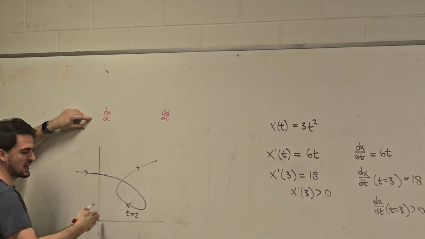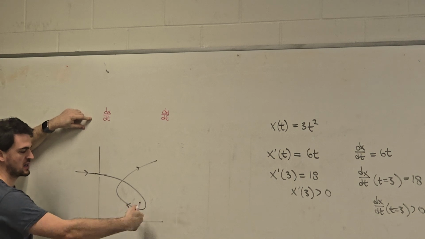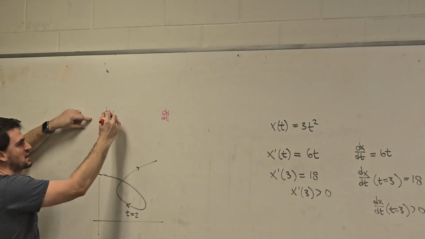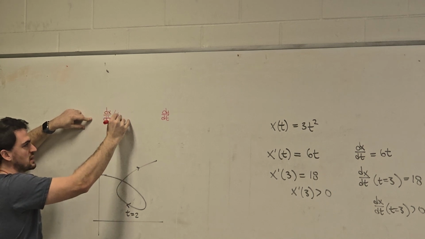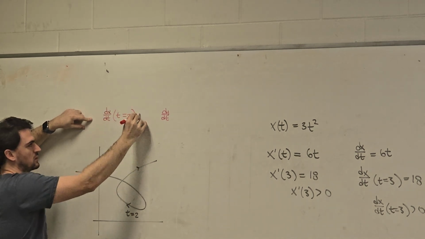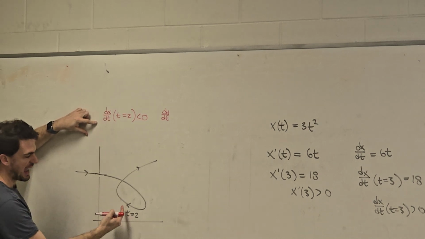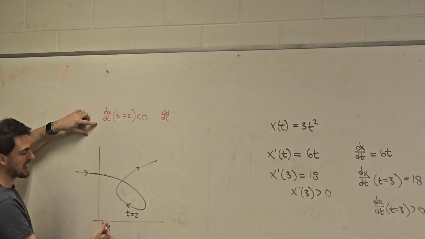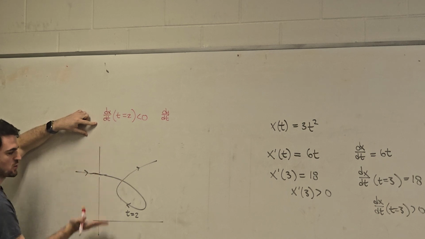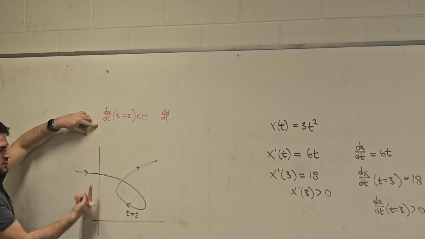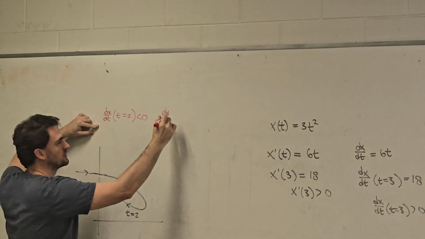Just thinking left to right, if I'm heading in this direction, yes, my x coordinate is decreasing. So dx/dt is negative. At this point, what is happening to my y coordinate? Only thinking up and down, the y coordinate is increasing.